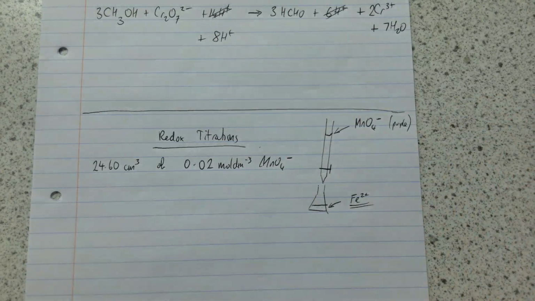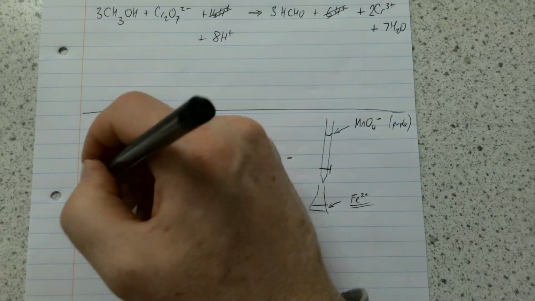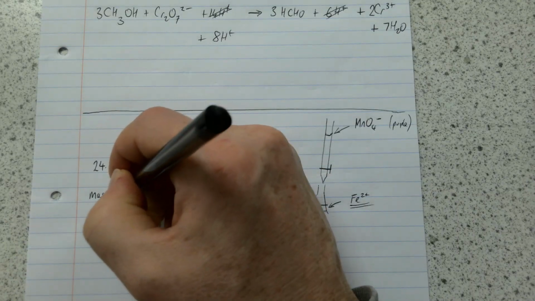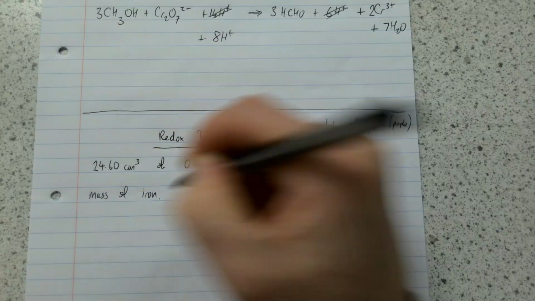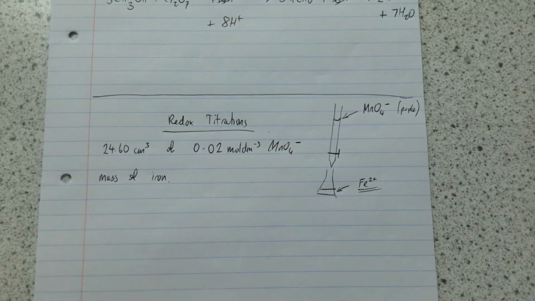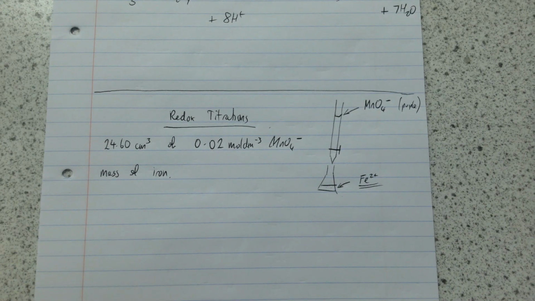So the question is, what mass of iron was originally dissolved up in that pot?